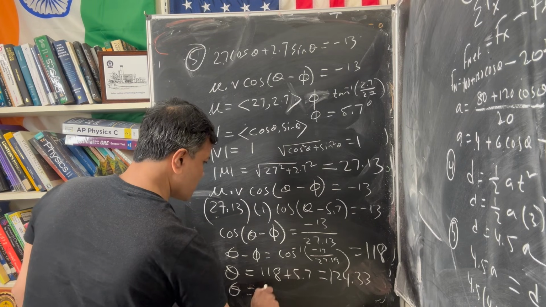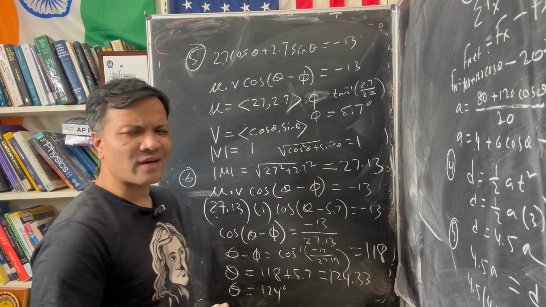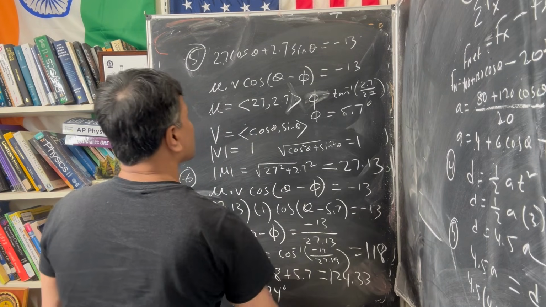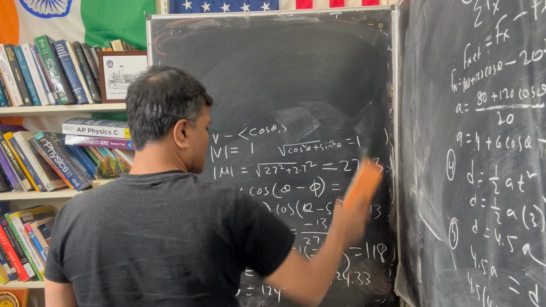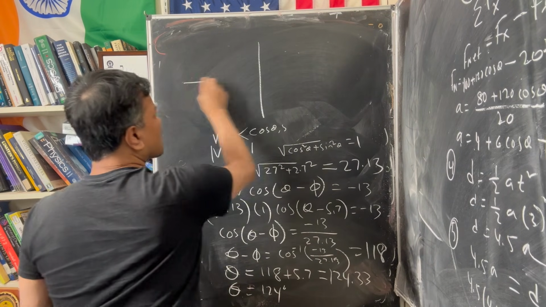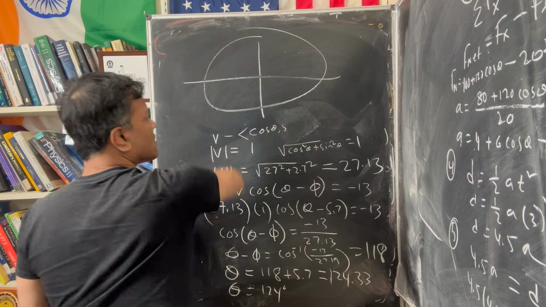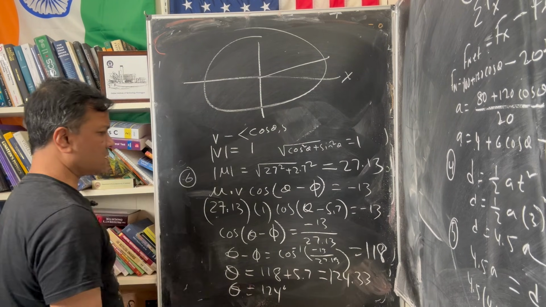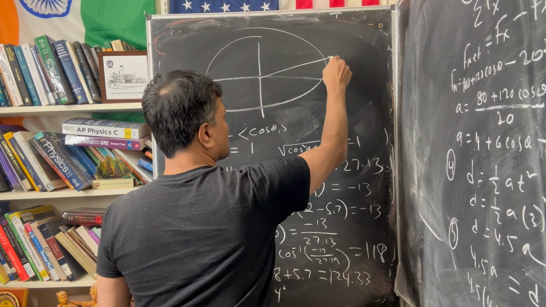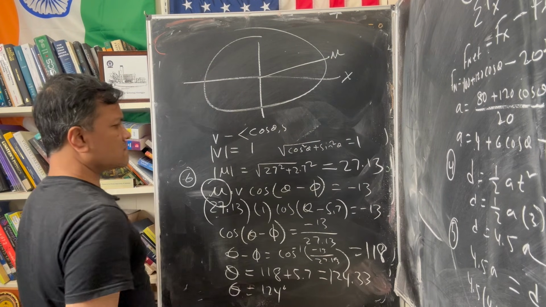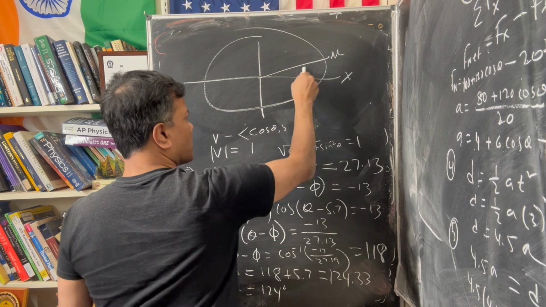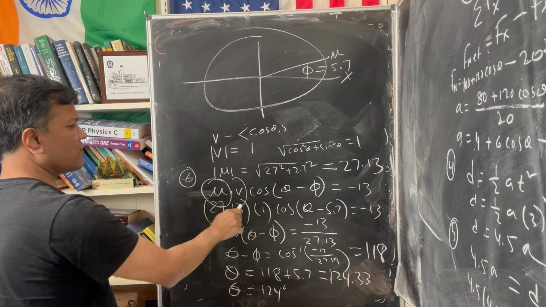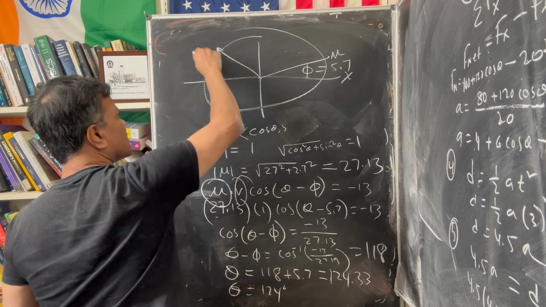So theta is 124. What does that even mean? Let's see whether I can give you some intuition. If you go to a unit circle and you draw, this is x, you draw u. Where did I get u? What is the angle between x and u? Phi. What is phi? 5.7. What about v? This is v.